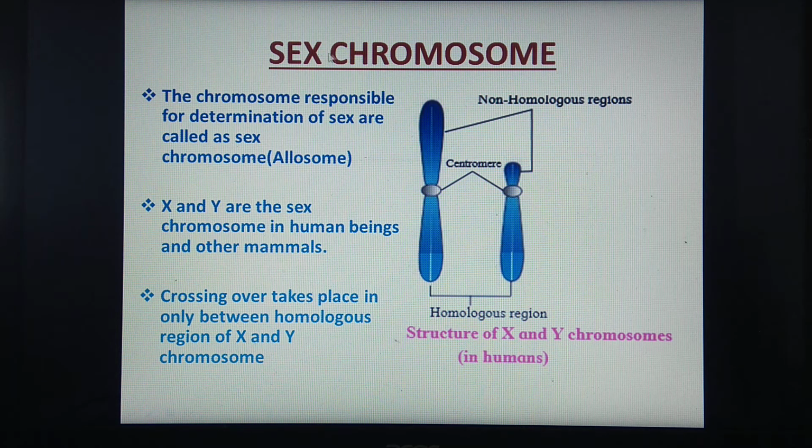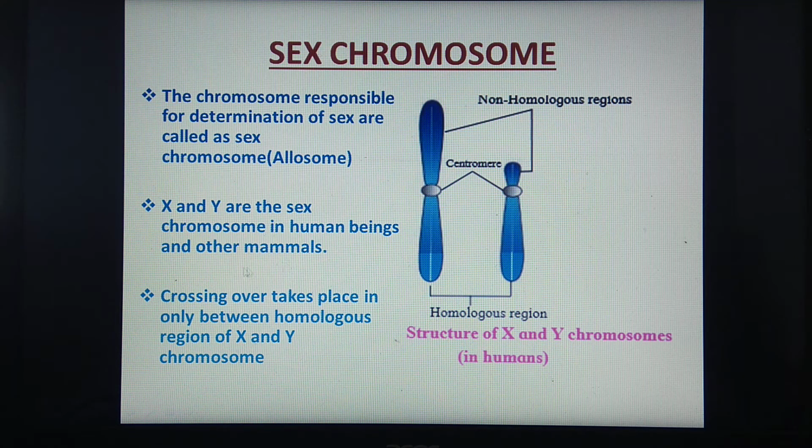So here we are going to study sex chromosomes. The chromosomes responsible for determination of sex are called sex chromosomes, which are also called allosomes. Remember the term allosome for the sex chromosomes.